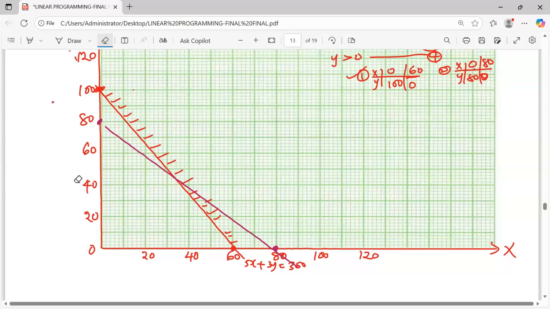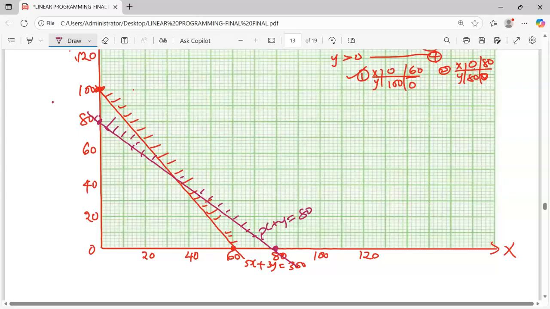After we have done that, we again shade the upper part, because what we need is the lower one. We can also name it x plus y is equal to 80.